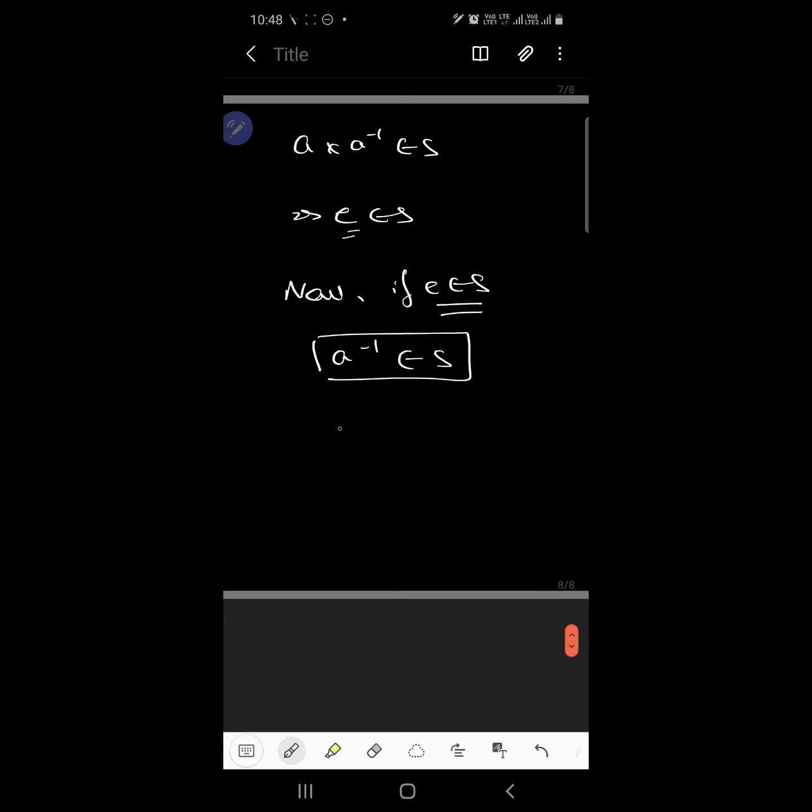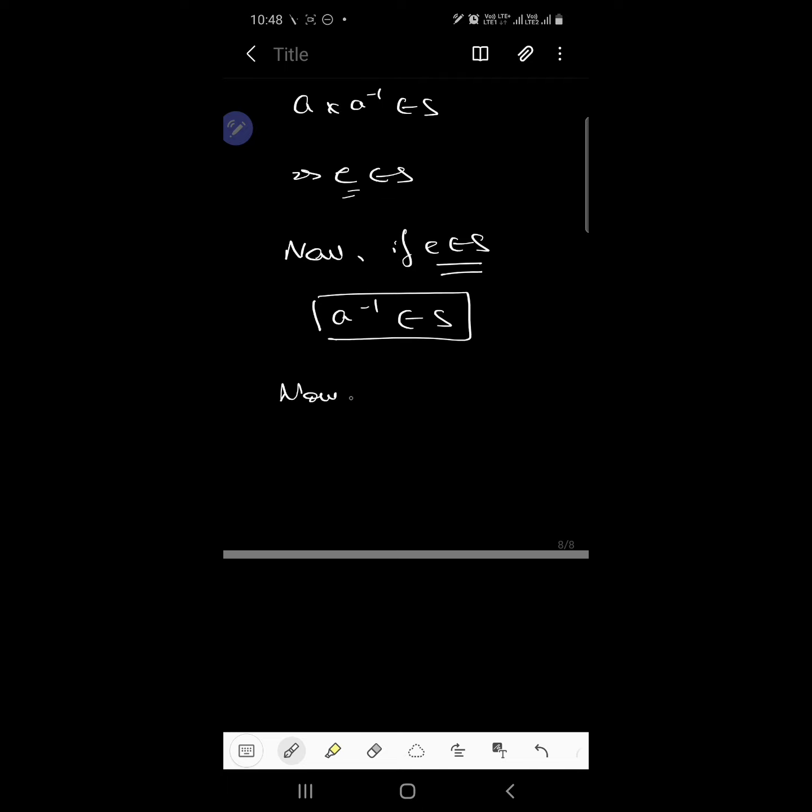We can do what we did in the previous theorem: B star A equals E, that implies A inverse is the inverse of A in S, because here E is considered an element of S and A is an element of S, and A always has a unique inverse. So this directly implies that A inverse belongs to S. Getting my point?